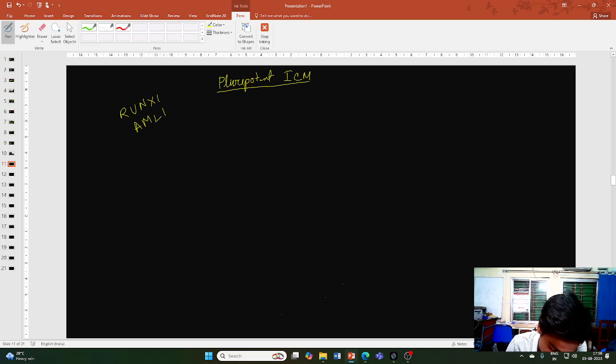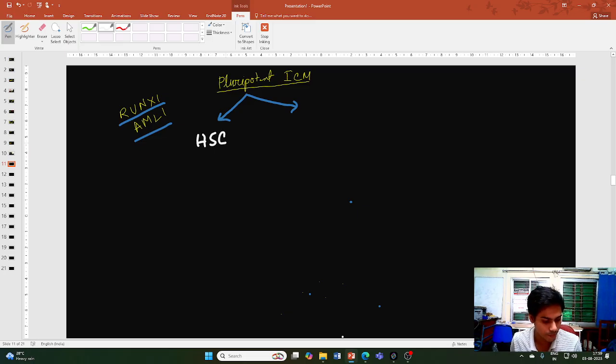These regulatory genes change the expression. So now the pluripotent cell is changed into two, meaning it is differentiated into two. One cell is the HSC, hematopoietic stem cell, and another is the mesenchymal stem cell.